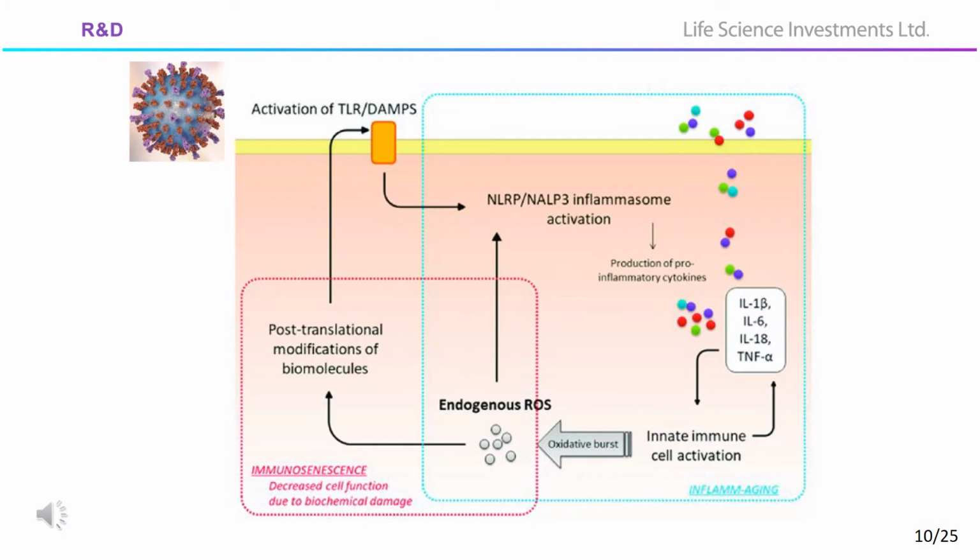Then there is like a loop, like a vicious circle, and all of this is due to this oxidative stress. And superoxide dismutase will work at this level, and by scavenging the free radicals, it will avoid this loop and avoid this vicious circle.